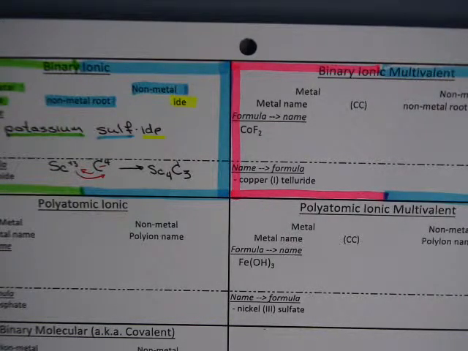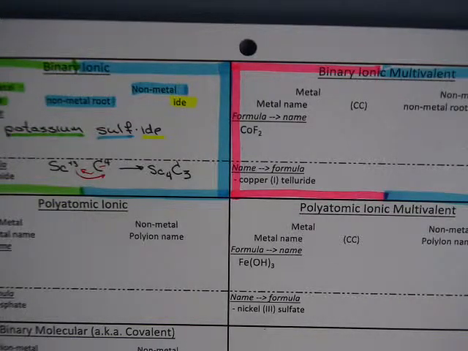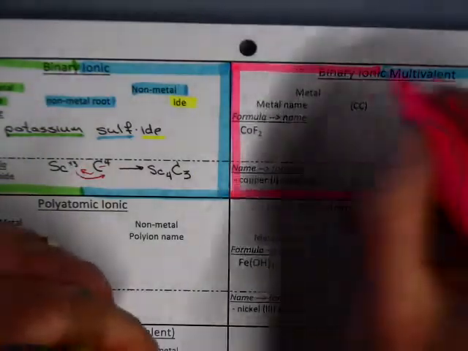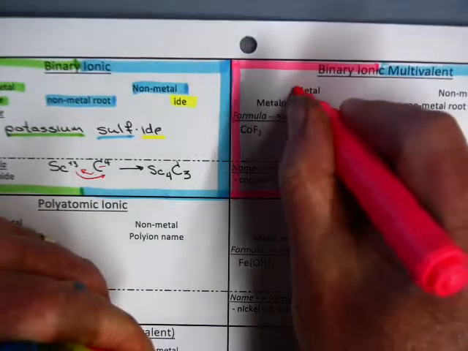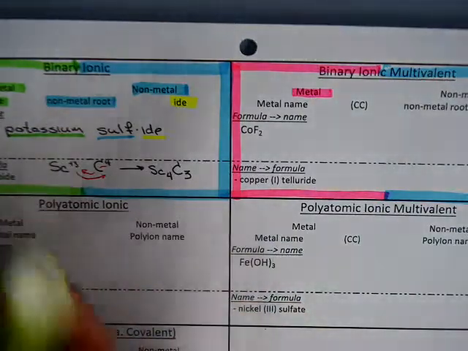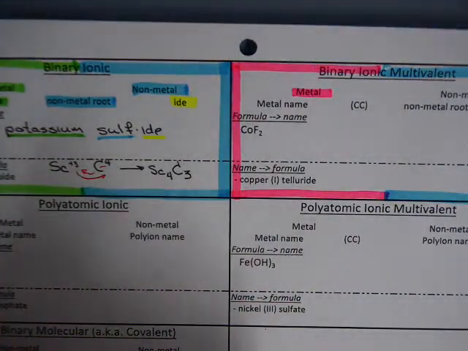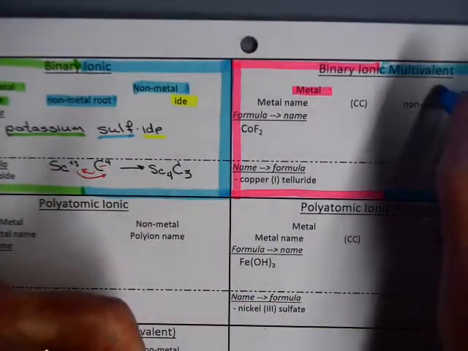Okay? So, the rules are the same. The only difference is that you've got to somehow incorporate the combining capacity in the name. So here we go. Actually, I think we've already done this one. So this is between a metal and a non-metal.